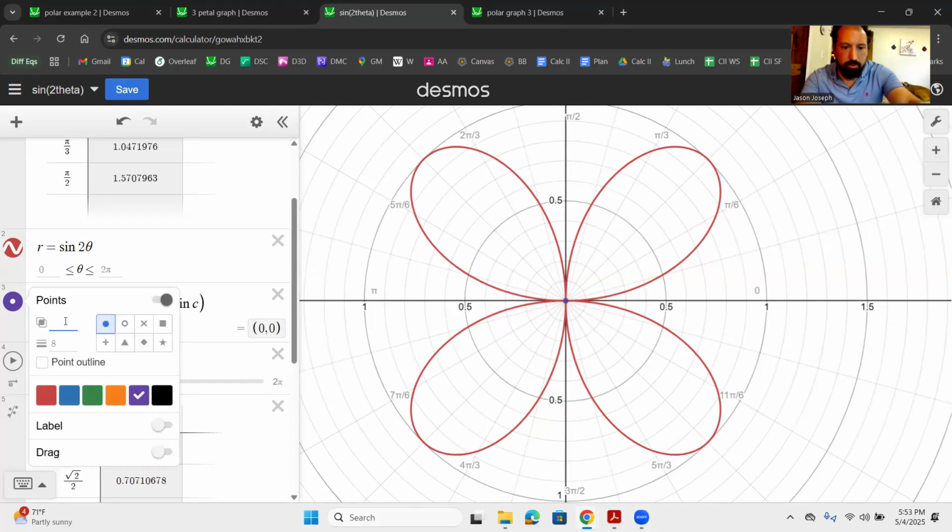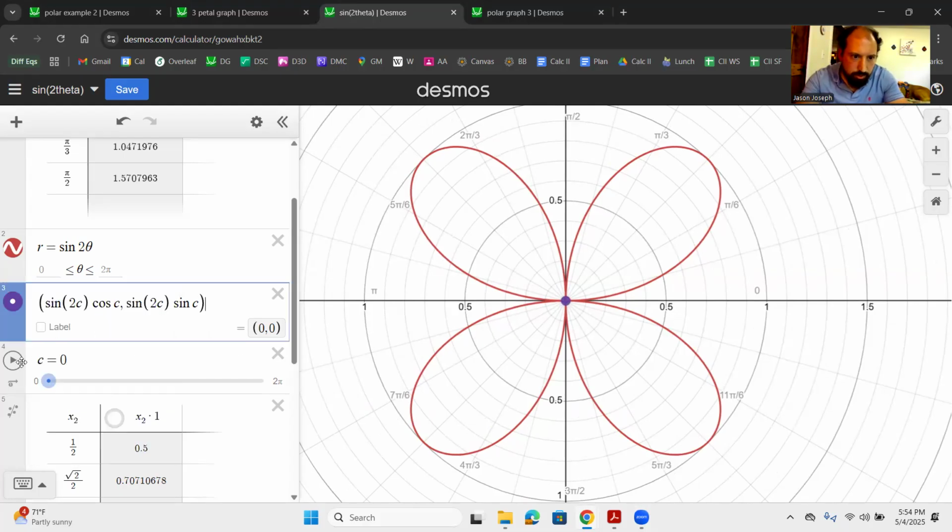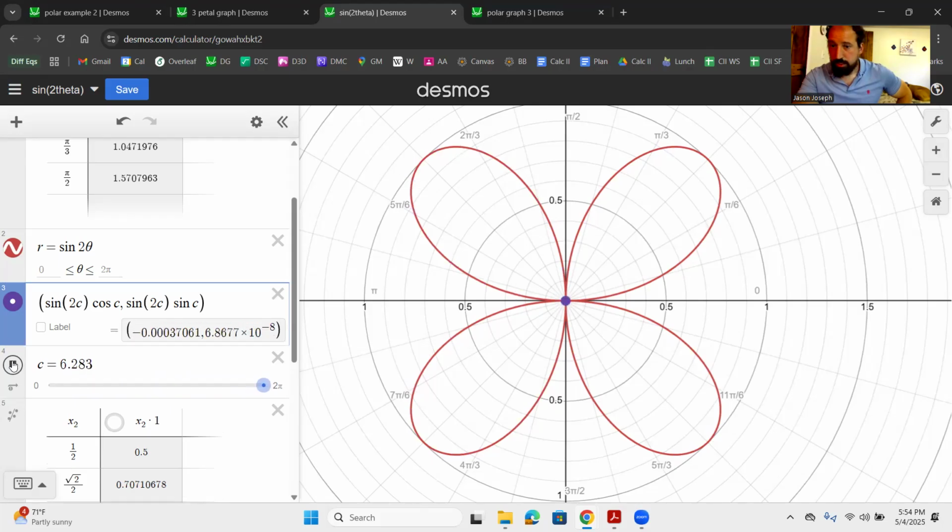Let's make it a little bit bigger. All right, so my little purple point there is going to travel through a range of 0 to 2 pi. And that's what we expected. Great. So that's a good example.